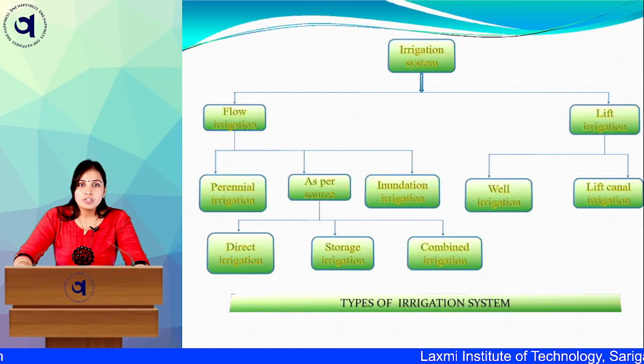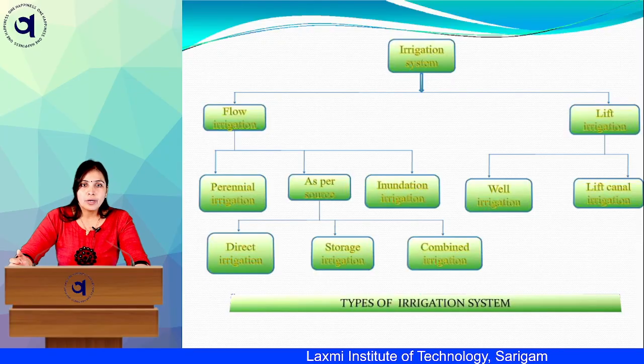Then flow irrigation: perennial, as per source, and inundation irrigation. Perennial means, as I already told you before, that you are getting irrigation water supply 12 months and 24 hours.